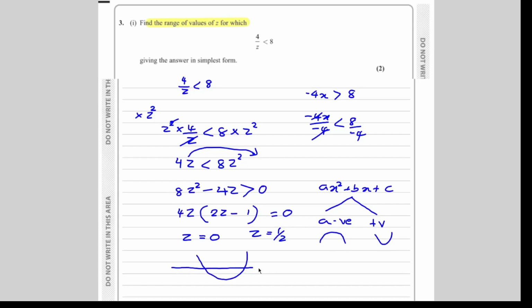So these are the points that we are getting at roots. So this is z, then this is 0, this is half. So this one said that f of x is greater than. So this is your f of x.